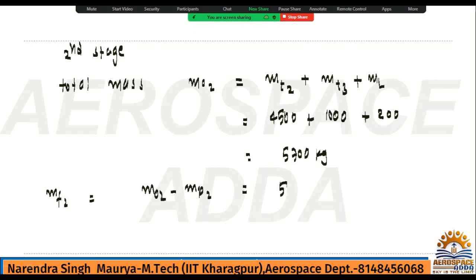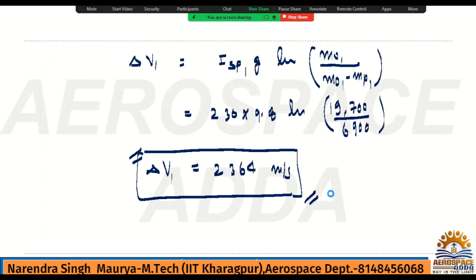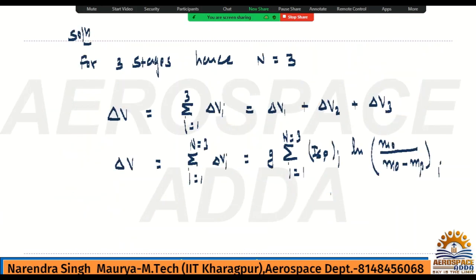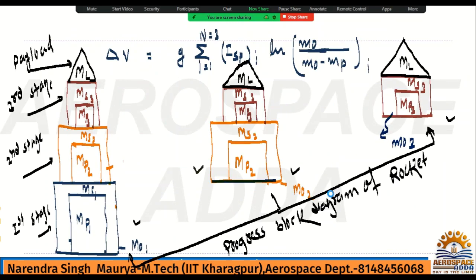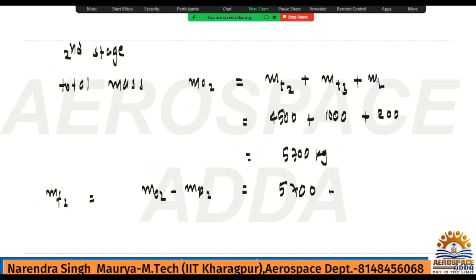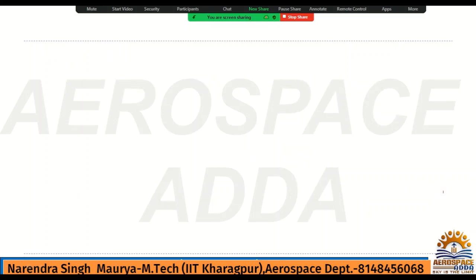It is 5,700 minus the propellant mass for the second stage. What is the value of the propellant mass? It is 3,700. So you calculate this value, and you will have 2,000.